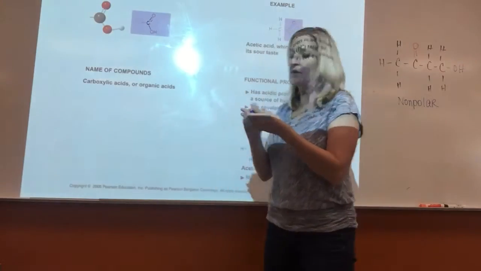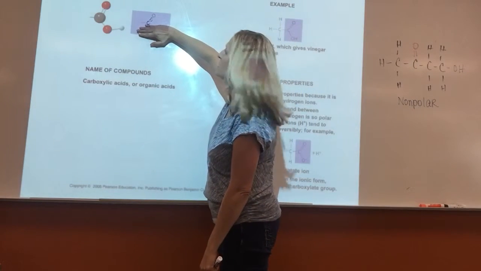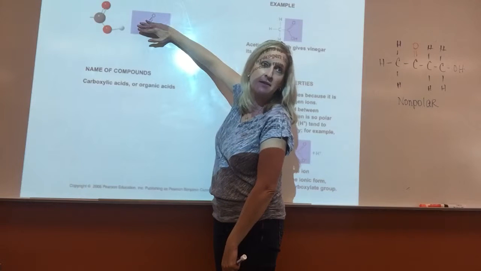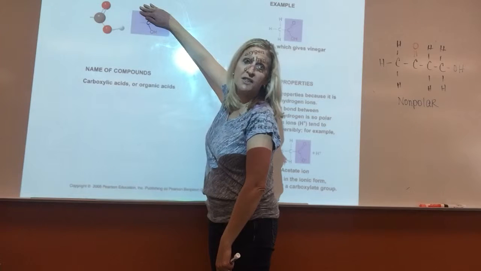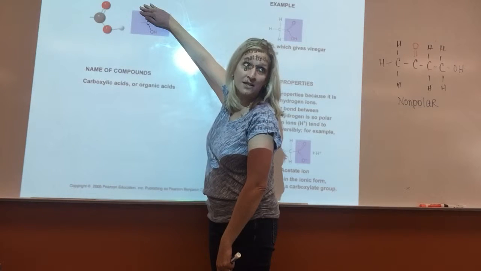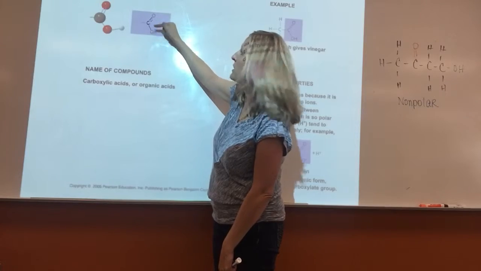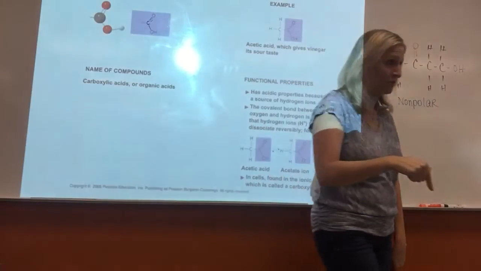So why this is confusing for some people is because if you just look at the C with the double bonded O, what functional group is that? Carbonyl. Just the OH is hydroxyl. But when they're coming off the same carbon, together off the same carbon, it's the carboxyl group.